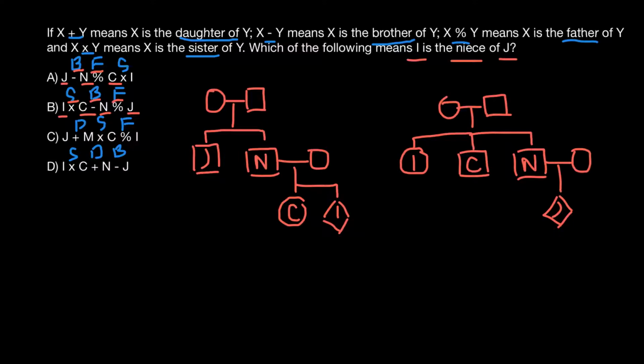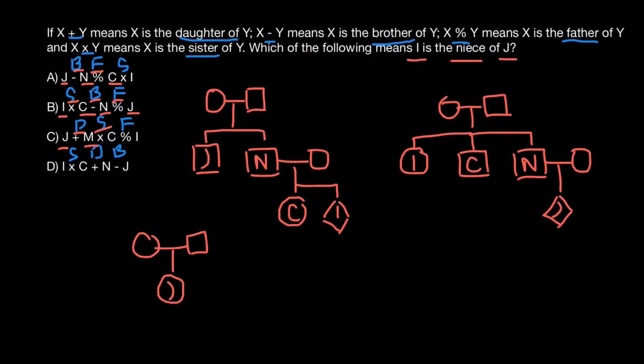Now let's build a pedigree for variant C. J is a daughter of M. And who is M?